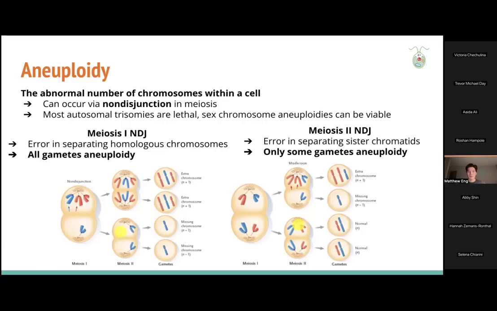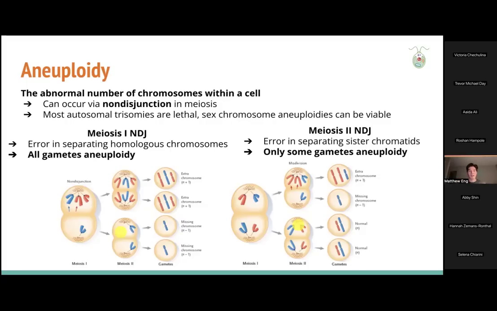And so this can work for any different combinations, whether you have one chromosome, three, four. Usually we wouldn't really have four, so we only talk about three and one. But anything that has an abnormal amount of chromosomes in the cell is going to be termed aneuploidy. And so for our purposes, let's really focus in on during meiosis.